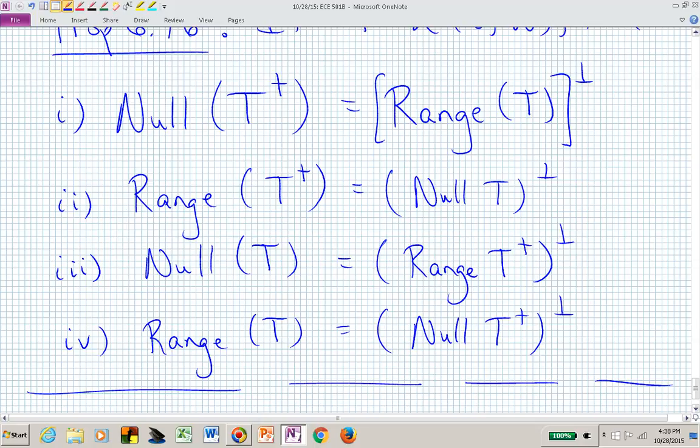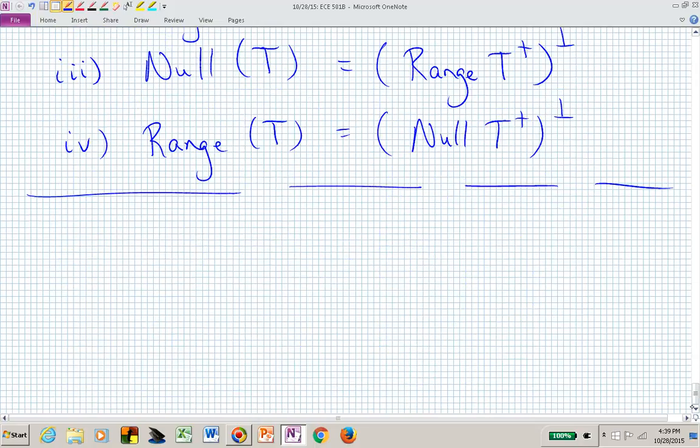And if you take the orthogonal complement of, let's say, 2, you get back 3. So really we just need to look at 2 of these, and the others we can just take the orthogonal complement and we'll have all 4 demonstrated. Let's look at the first one.